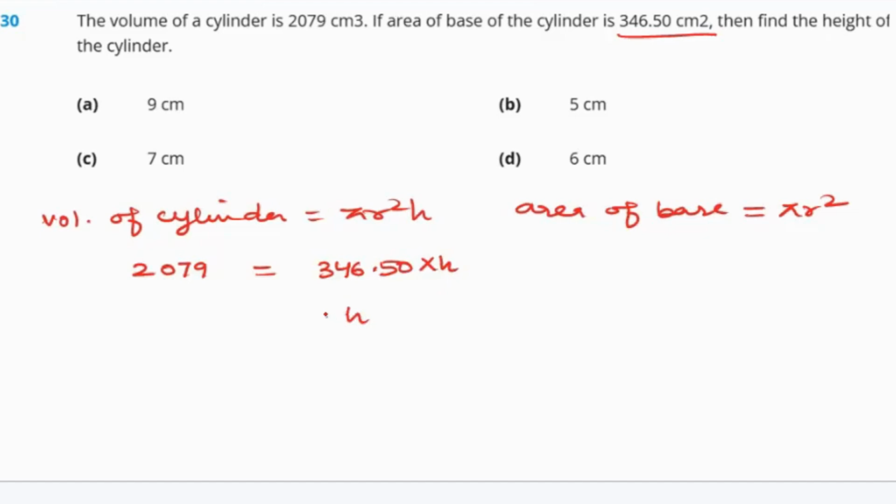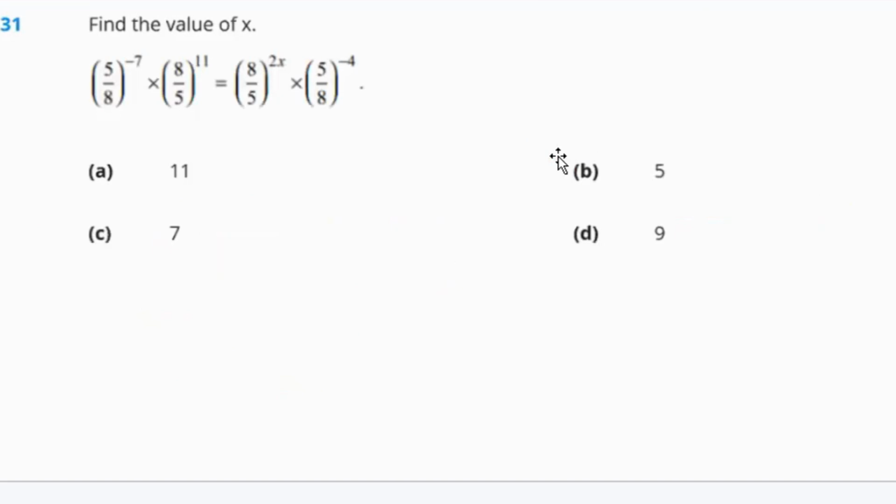So the value of h would be 2079 divided by 346.50. When we divide it, we get the value of h as 6. So the height of the cylinder should be 6 centimeters, which is option number D.